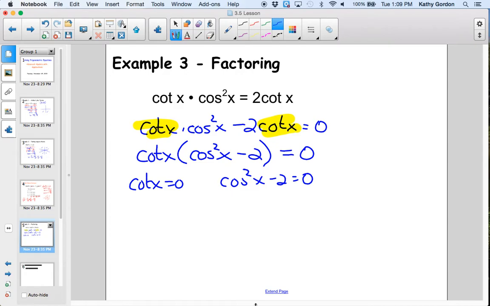Okay, now for the cotangent one, it's probably easier to think about your solutions if you think of it as cosine over sine. So when am I going to end up with cosine x over sine x equal to 0?